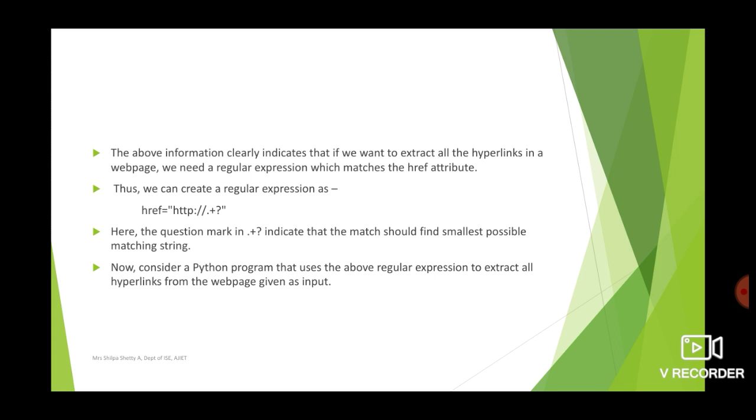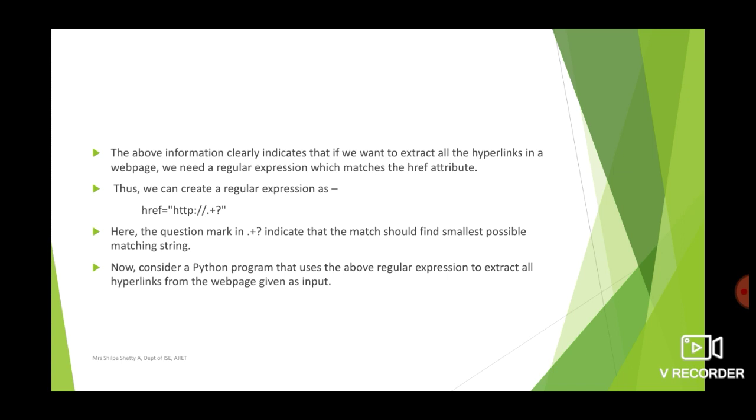So the above information clearly indicates that if we want to access all the hyperlinks in a web page, then we need to write a regular expression which matches the href attribute. That means in a page we can have any number of hyperlinks, so it is not possible to access each one of them by writing their names.